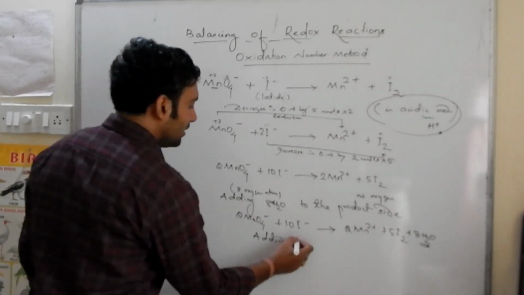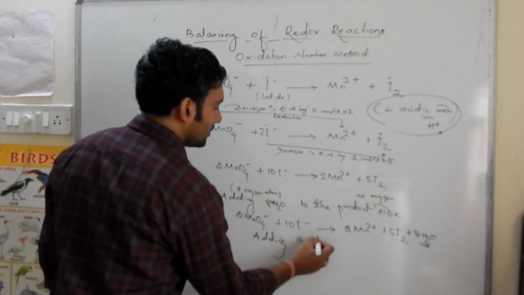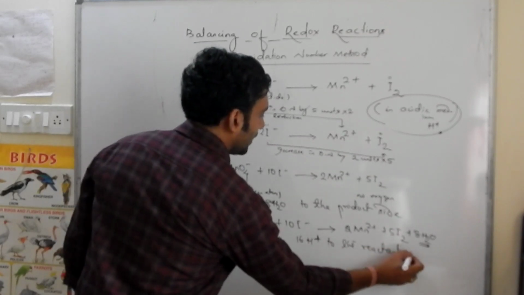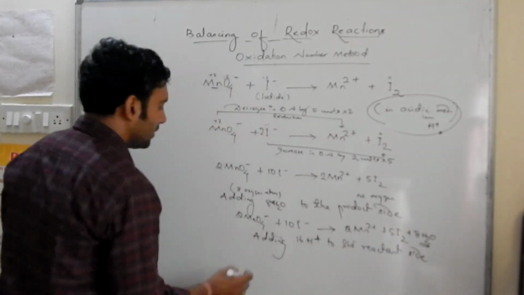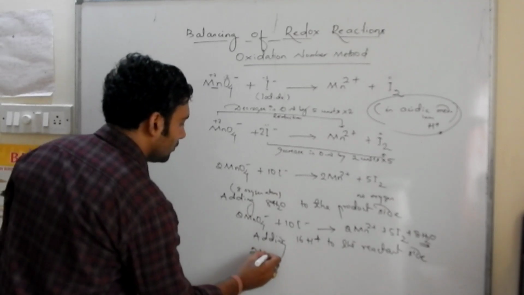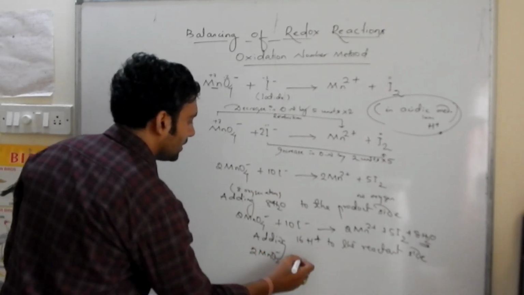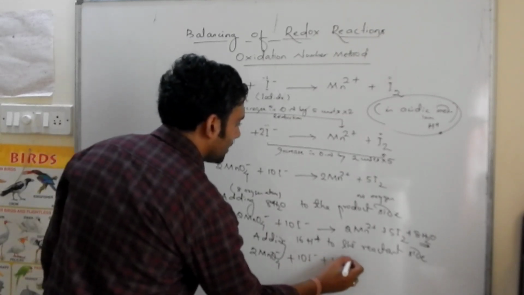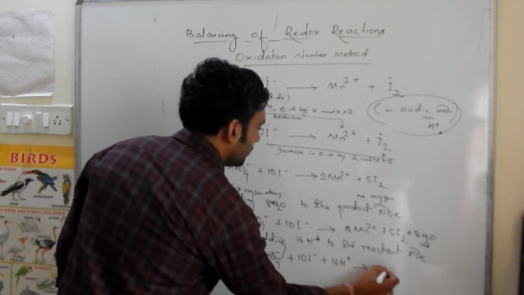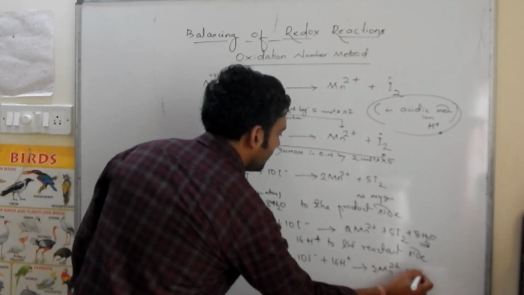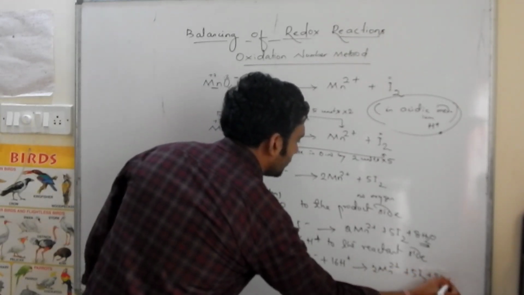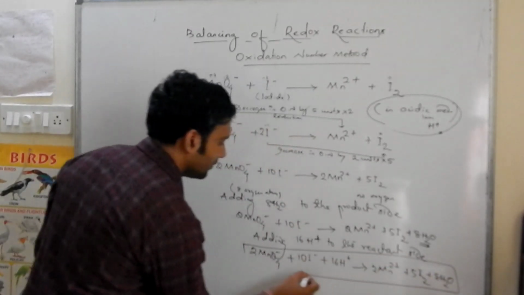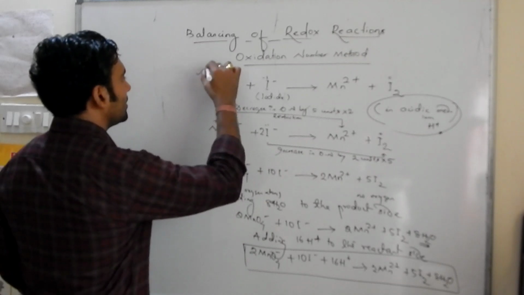Adding 16 H+ to the reactant side, the reaction becomes 2 MnO4- plus 10 I- plus 16 H+ gives rise to 2 Mn2+ plus 5 I2 plus 8 H2O. So this is the balanced reaction of the above equation.